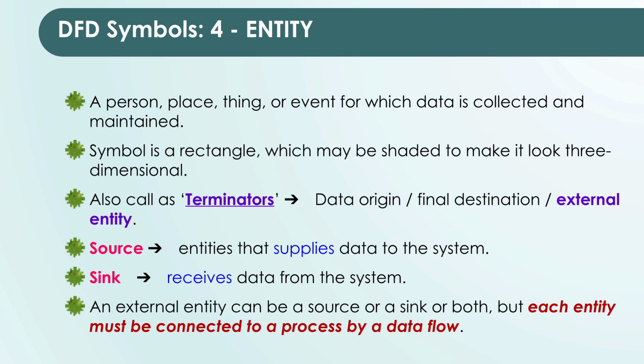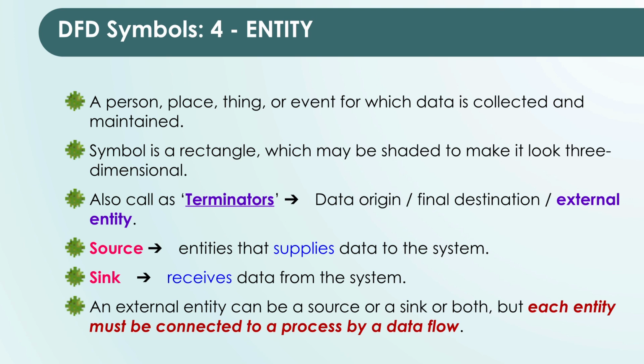For example, the data that is needed in one system is collected from another system, so that other system can also be represented as an entity. The symbol of an entity is a rectangle which may be shaded to make it look three-dimensional. So it is a rectangle with shade.